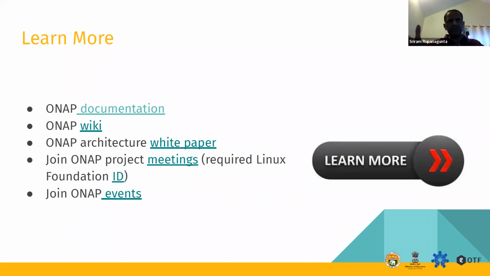Again, the project is open, so it's available. There is a wiki page and a Read the Docs reference site, which is mentioned on the slide. You can look at all the documentation, download it, install it and try it out. There is a ton of information available to learn about it.